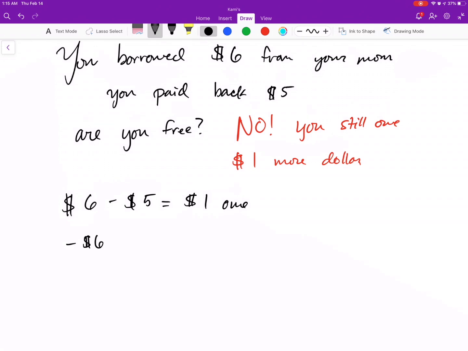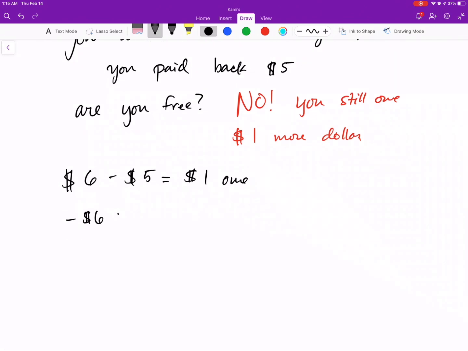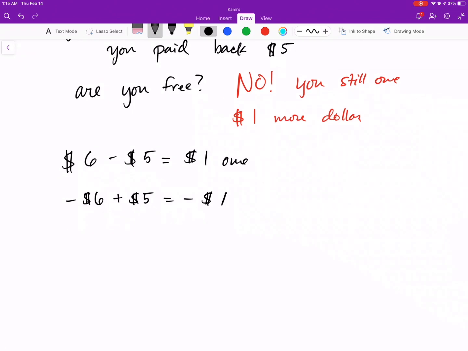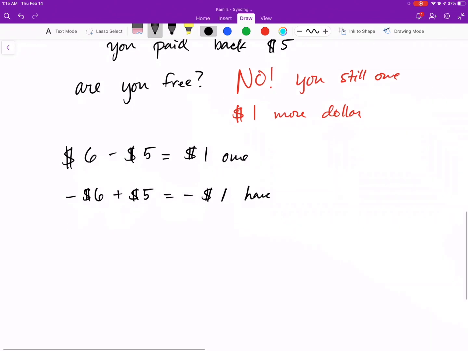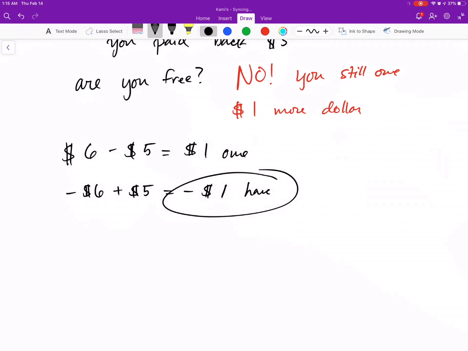So we borrowed $6, but we gave back $5, and we get -1. This is what we have. So we have -$1. That means we still need to give back, oh sorry, you have to give back $1.